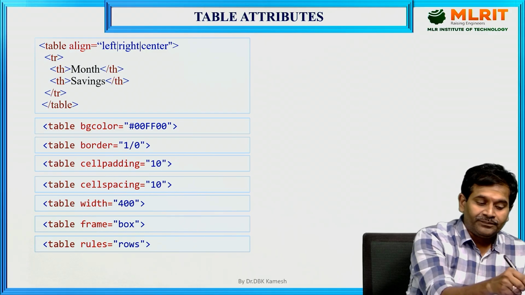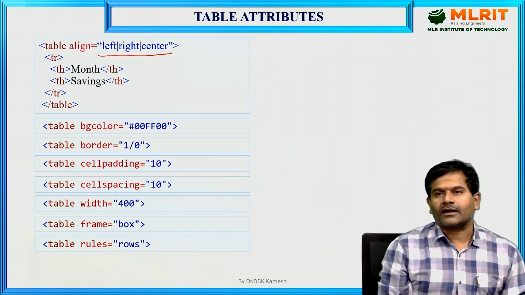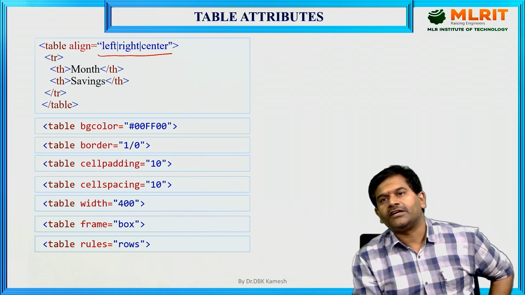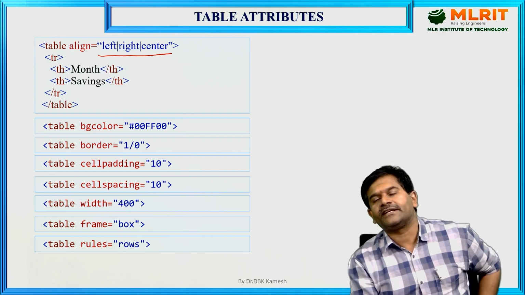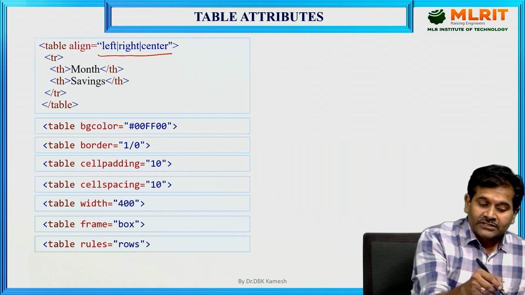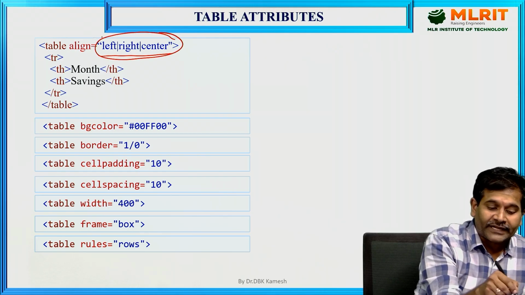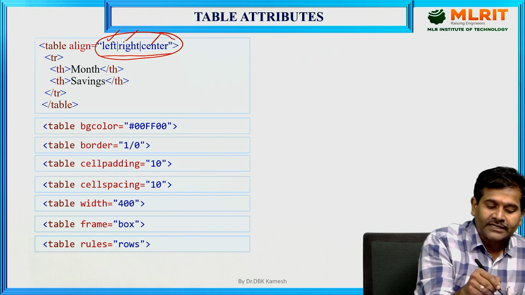For example, for table align, left corner, right corner or center: there are three values, left, right or center.